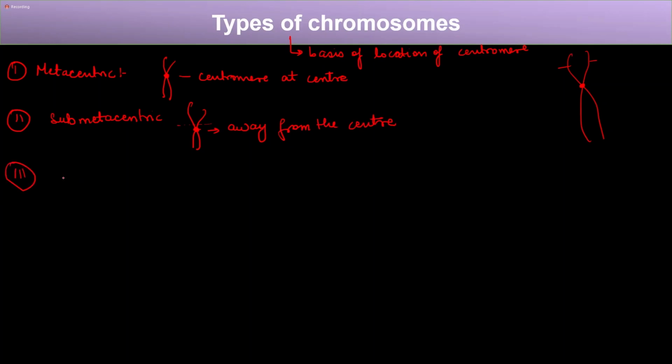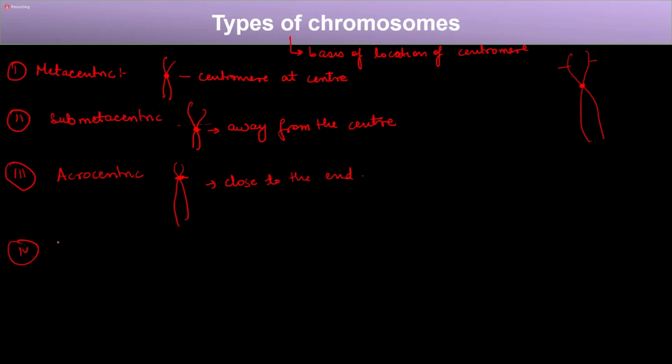The third type is acrocentric. In the case of acrocentric, the centromere is located close to the end. So this is called acrocentric.